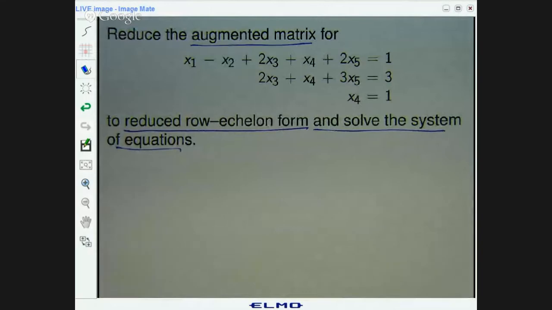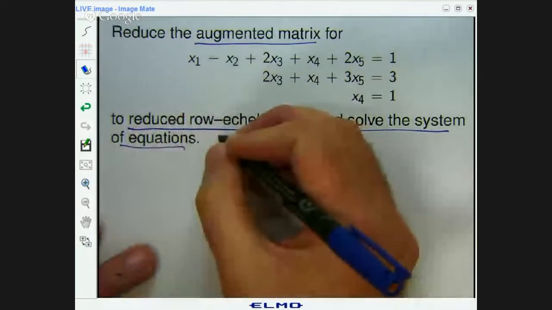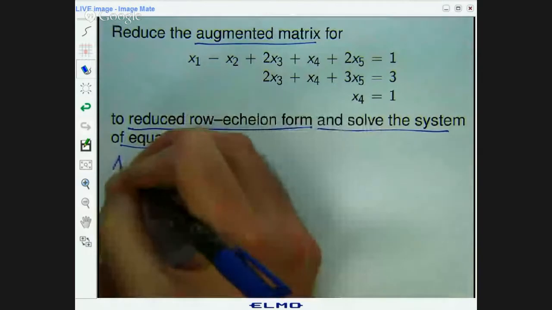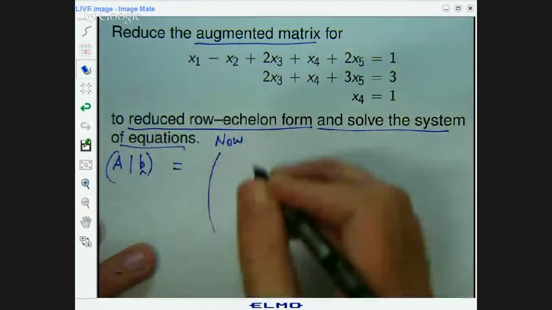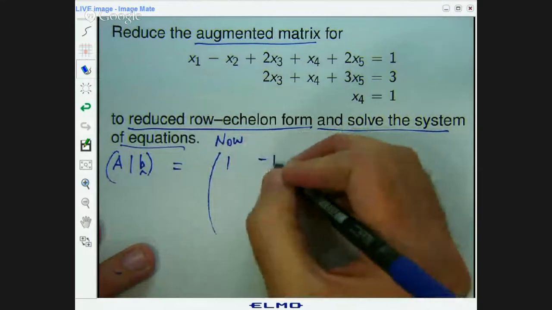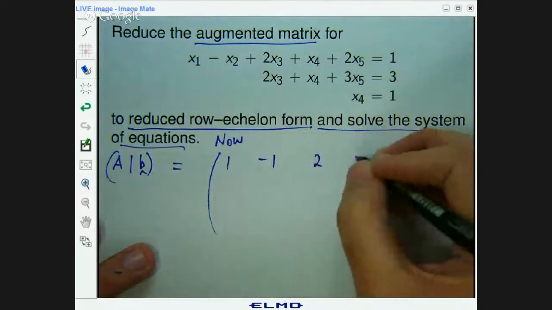Okay, well, let's write this as an augmented matrix. It's already in a row echelon form.